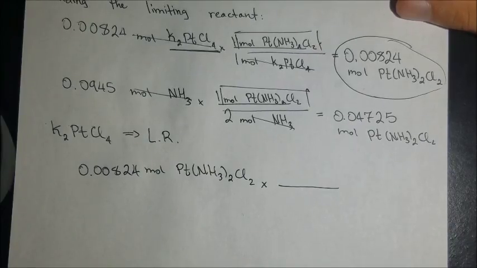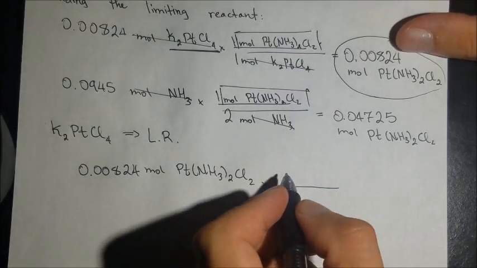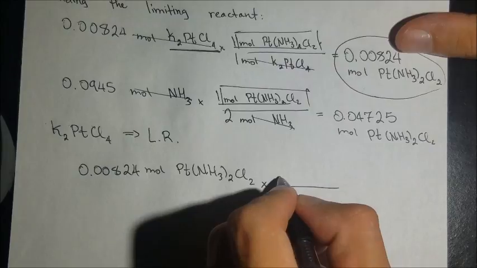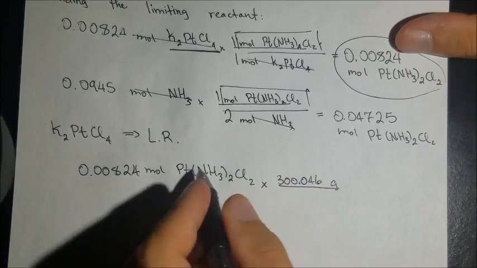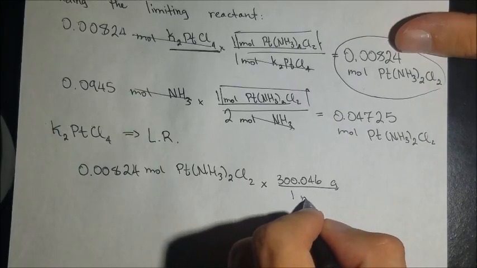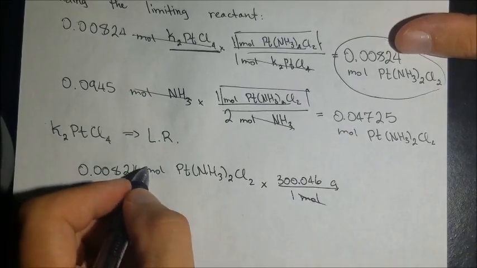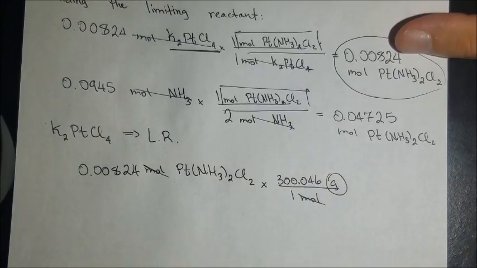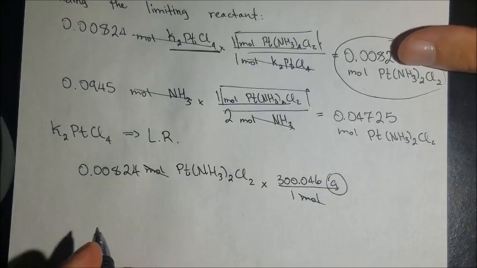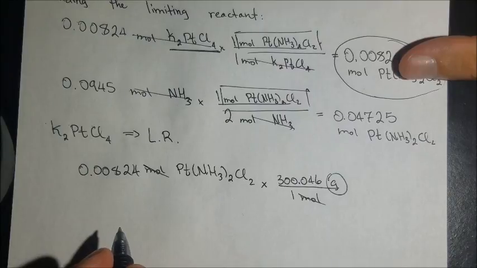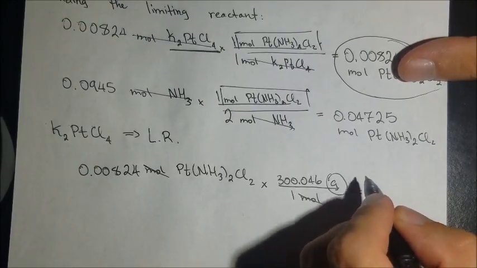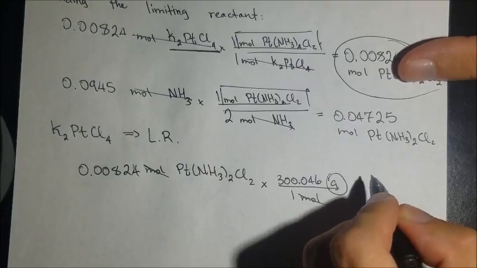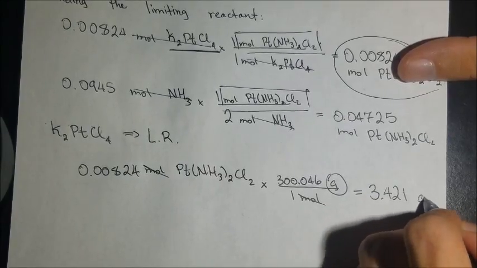And that's going to be important because we need to figure out our percent yield, and we need to have grams of product for that. So a mole of this compound weighs 300.046 grams. And I'm not going to write it out again, but you will know that I'm referring here to the product. So the moles cancel, and I'm left with grams of our product. And so if I do that on my calculator, I would find that I end up with 3.421 grams.